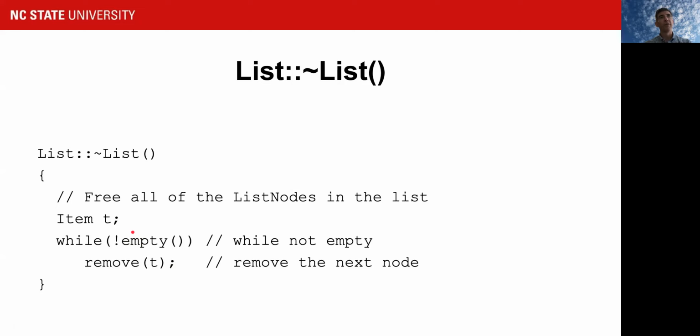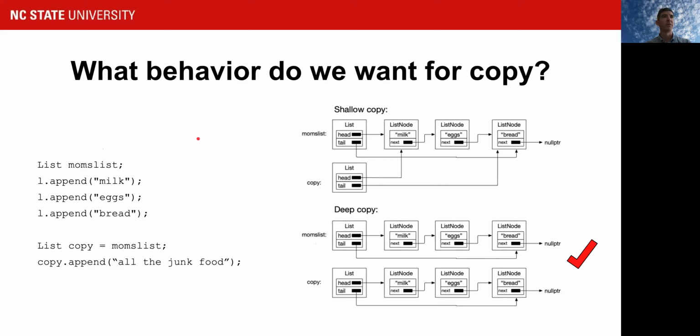What about the other member functions? How should they work? In particular, when we talk about the copy constructor, we have to come back to that question that we looked at in week 2, and that is, do we want a deep copy or a shallow copy? It kind of boils down to this.